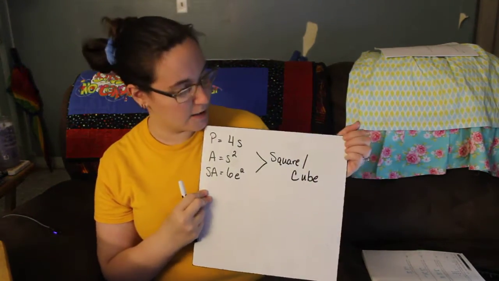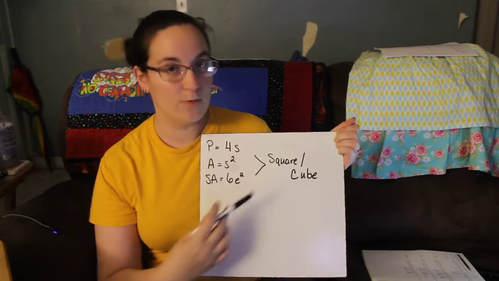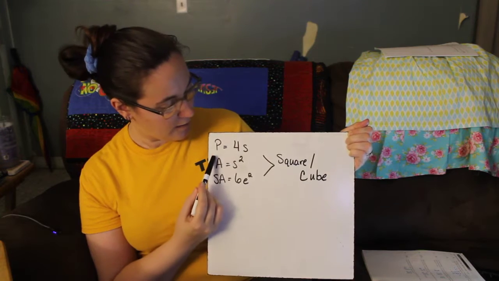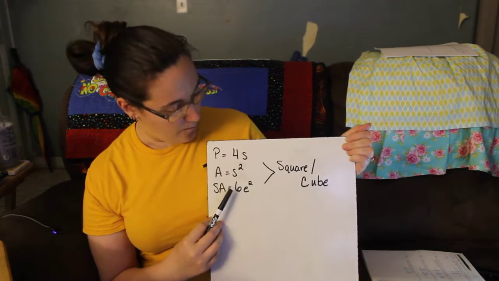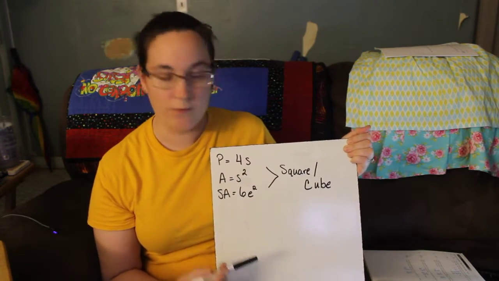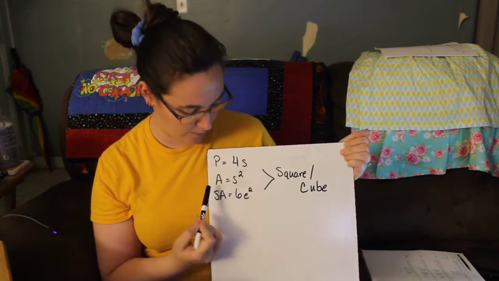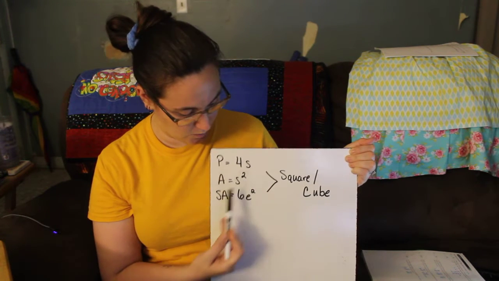Okay? The last set of formulas I want to go over with you are the ones for the square slash cube. So the square is the 2D shape and the cube is the 3D shape. Okay? These are the ones that deal with either sides or edges. Now, perimeter is just simply 4 times the side because the side equals itself. It's congruent sides all the way around. Area, again, area, squarea, side squared.